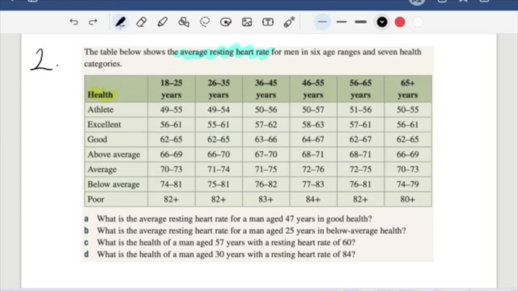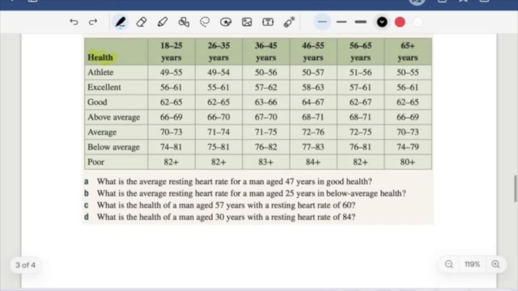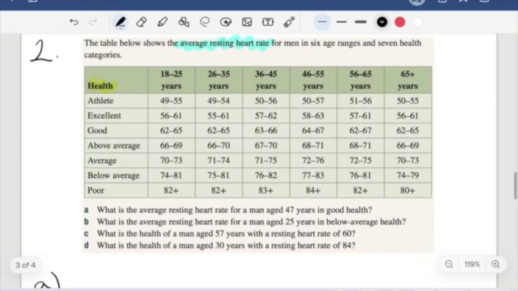So we want to use this table, this data that gives us the resting heart rate for people in different categories as well as different ages. And we want to answer these questions. The first question is, what is the average resting heart rate for a man aged 47 years in good health? First of all, we want to deal with each part of this question. So we have a 47-year-old person.